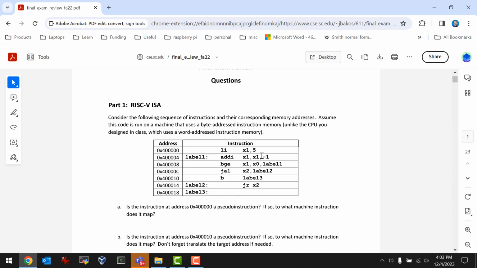Because it's branch as long as x1 is greater than or equal to x0, but once x1 becomes less than x0, it's not going to branch. But the branch instruction should be executed 6 times, right? Make sense? So the loop is supposed to iterate 5 times, but the branch will be encountered 6 times, right? Based on how it's structured.